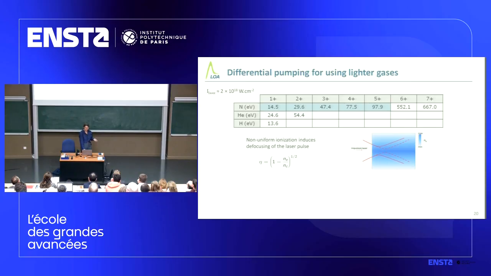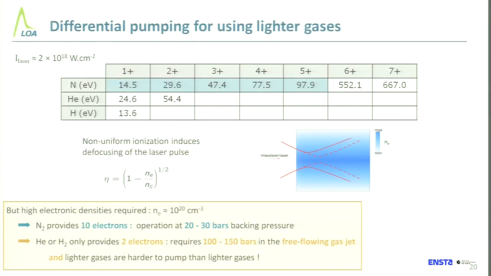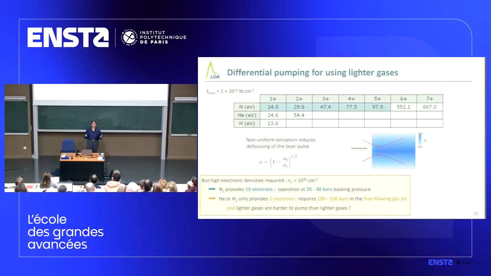So we want to go for lighter gases, such as helium and hydrogen, which have only 1 and 2 electronic levels. But the problem is that we need very high electronic density. When we use nitrogen, each molecule of nitrogen ionized provides 10 electrons. So we only need 20 to 30 bars of backing pressure in our gas jet to reach the electronic density that we need.